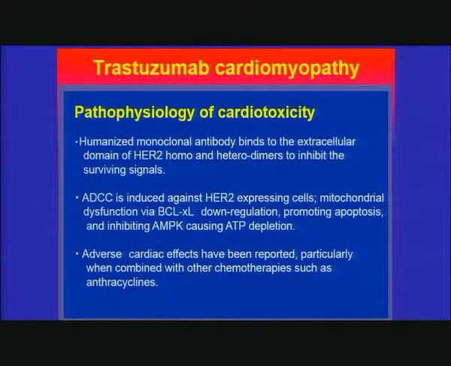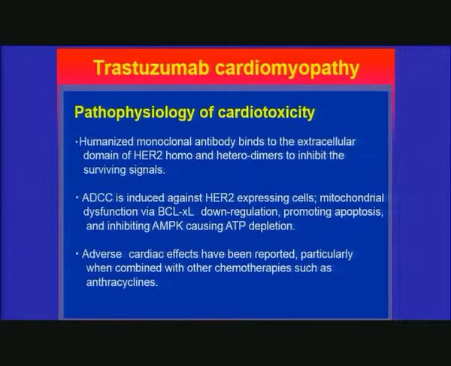So this mechanism is a humanized monoclonal antibody that binds the extracellular domain of HER2. Another name is HER2, and it blocks homo and heterodimers to inhibit survival signals. ADCC is induced against HER2-expressing cells, with mitochondrial dysfunction via BCL-XL downregulation, promoting apoptosis and inhibiting AMPK, causing ATP depression.